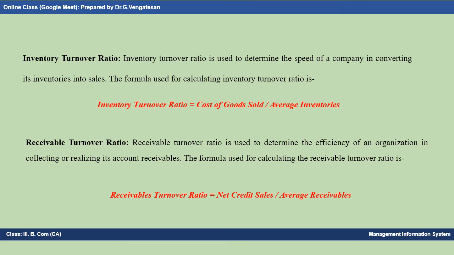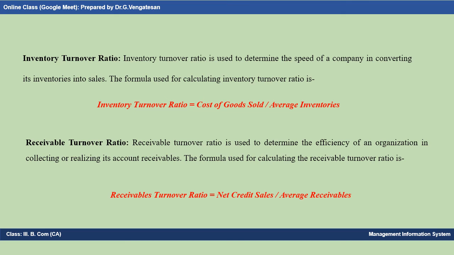It indicates the velocity of debt collection of a firm. In simple words, it indicates the number of times average debtors are turned over during a period. So the average debtors receivable during the particular year is calculated under the ratio called receivable turnover ratio or debtor turnover ratio.